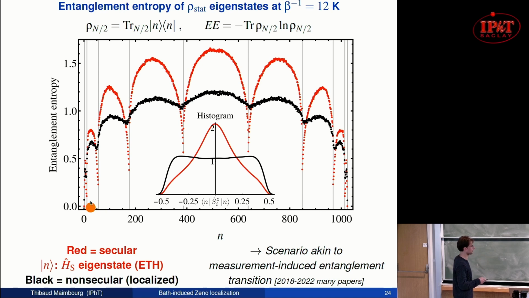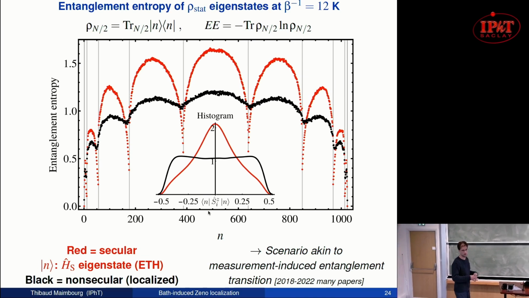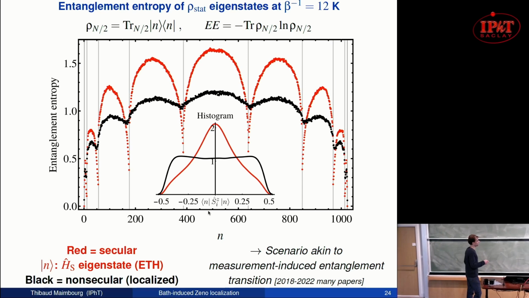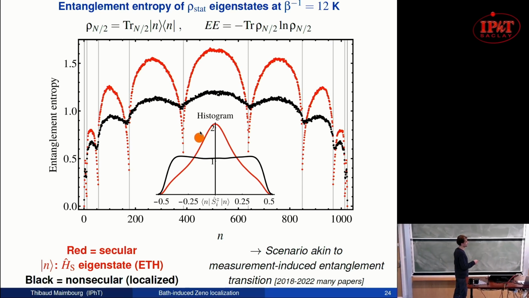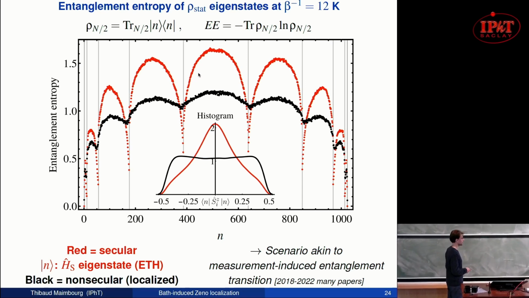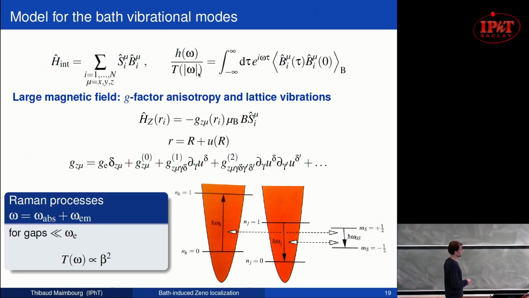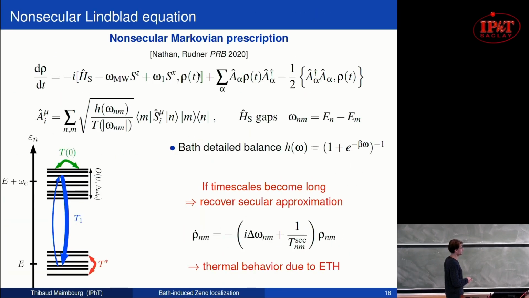Obviously, the zero sector is the most populated because it's the most degenerate. And why do you have this? I think it's because if I look at the Hamiltonian, where is it?